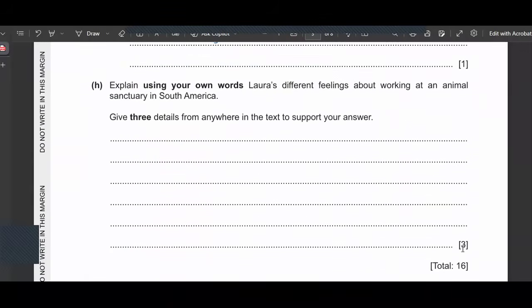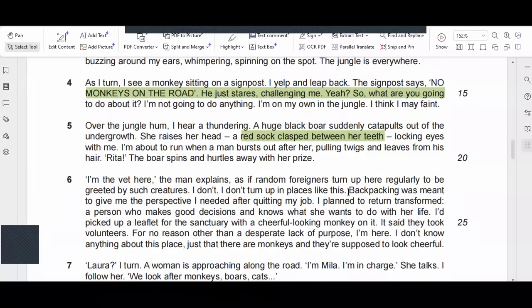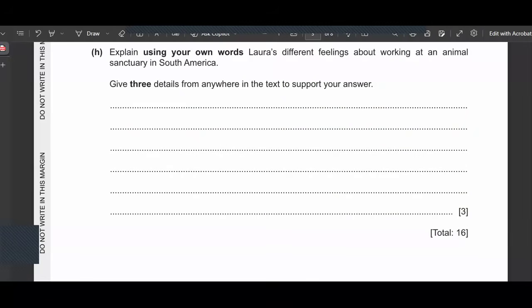So there are a few areas which I encountered from the text, and they are, number one, "Backpacking was meant to give me the perspective I needed after quitting my job." So here, the impression or the feeling about the narrator that we have is that she was uncertain, she had no idea what to do with her life, right? So let's write the answer side by side.